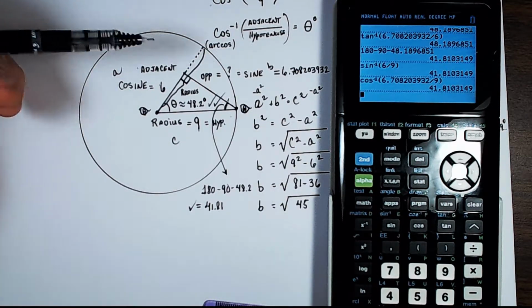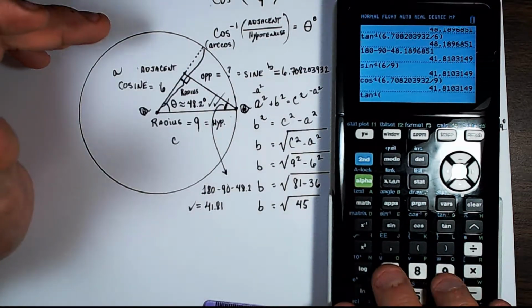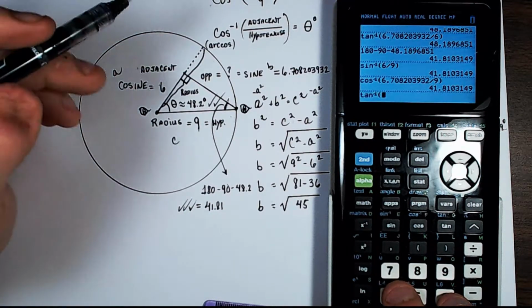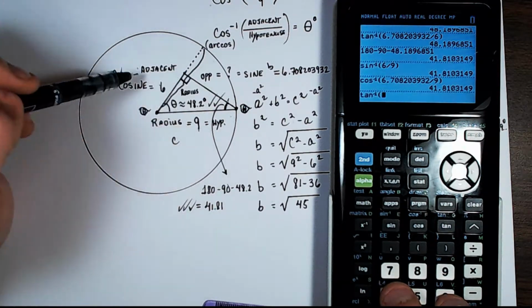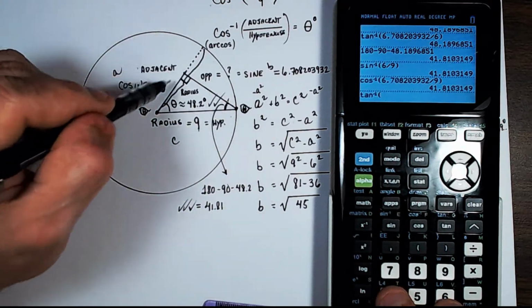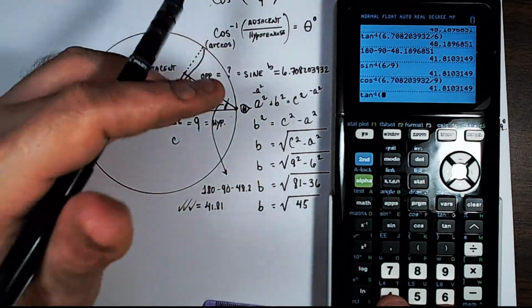Again, if I'm going to use the arc tan to find the angle, I'm just confirming and confirming all the way down. I'm going to take the opposite over the adjacent. So with respect to this angle, I'm going to take the opposite, which is 6, over the adjacent, which is 6.708.